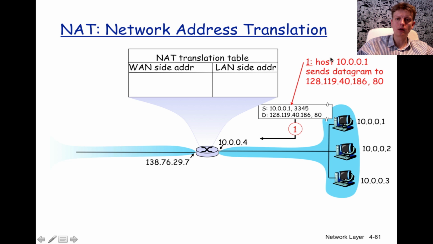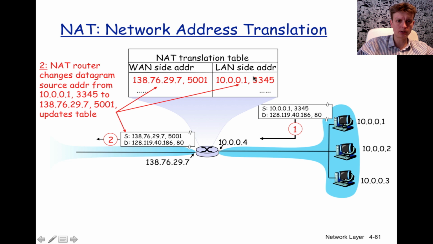Let us see now how a network address translation box works. Assume that a host with this IP address 10.0.0.1, which is an IP address from a so-called private address space, sends a datagram to a host with this IP address 128.119.40.186.